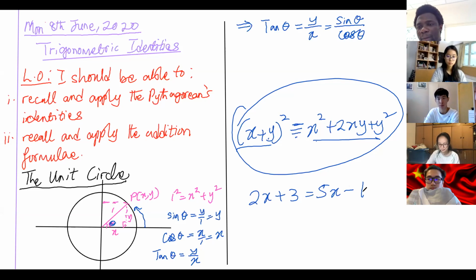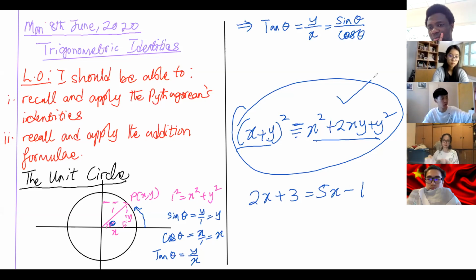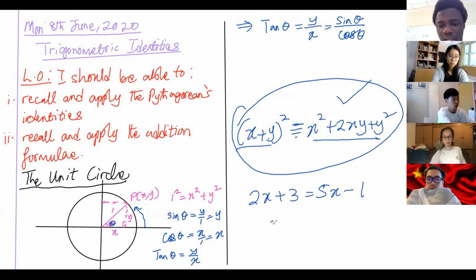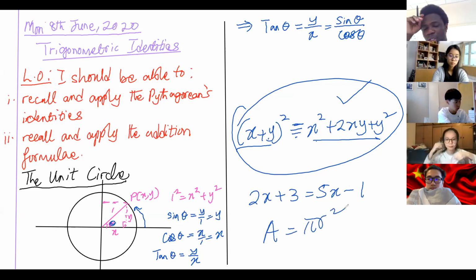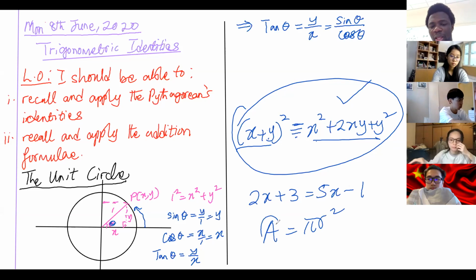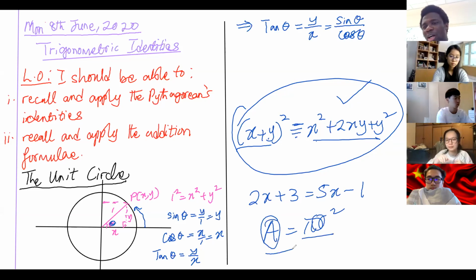Do you agree? So this is not an identity. But this is an identity. A equals pi r squared is a formula, not an identity, because you cannot substitute a random A and random r and expect them to be equal.